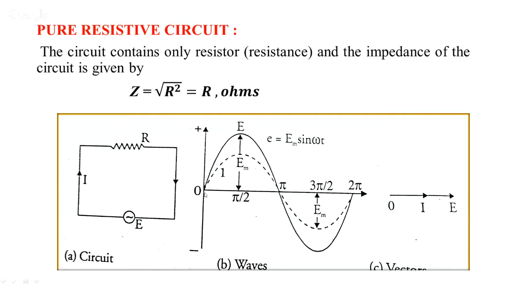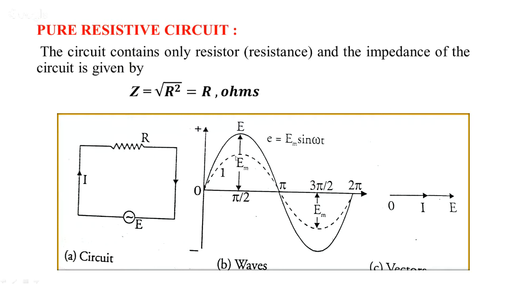Both the quantities are increasing from 0, reaching a peak value simultaneously, and again they are reducing to 0 value, and again increasing in the negative direction, building up to the peak value, and again coming back to 0 simultaneously.